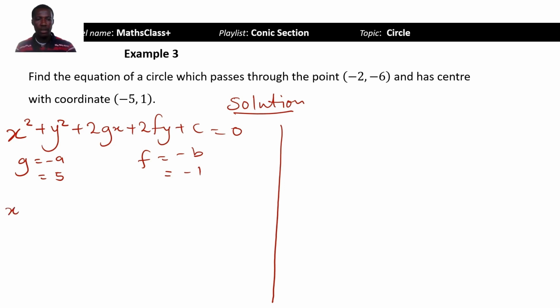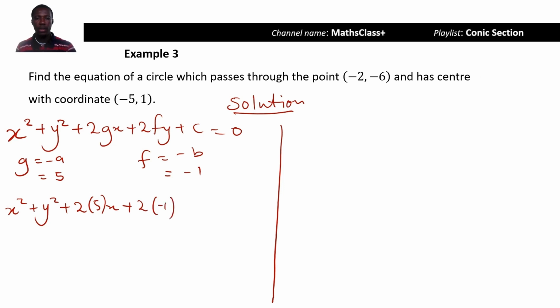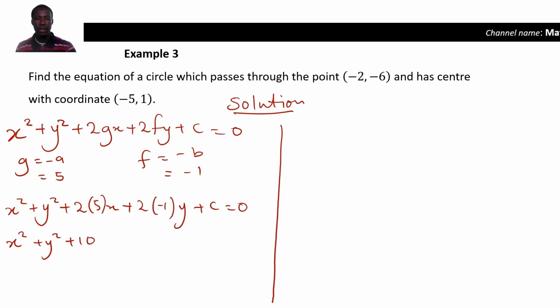That gives us x squared plus y squared plus 2 times 5x plus 2 times negative 1y plus c is equal to 0.